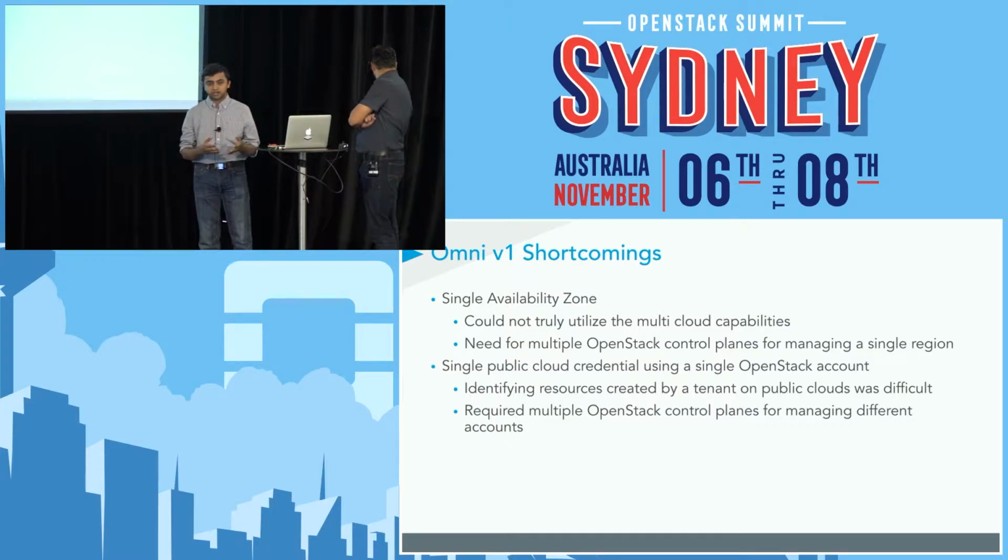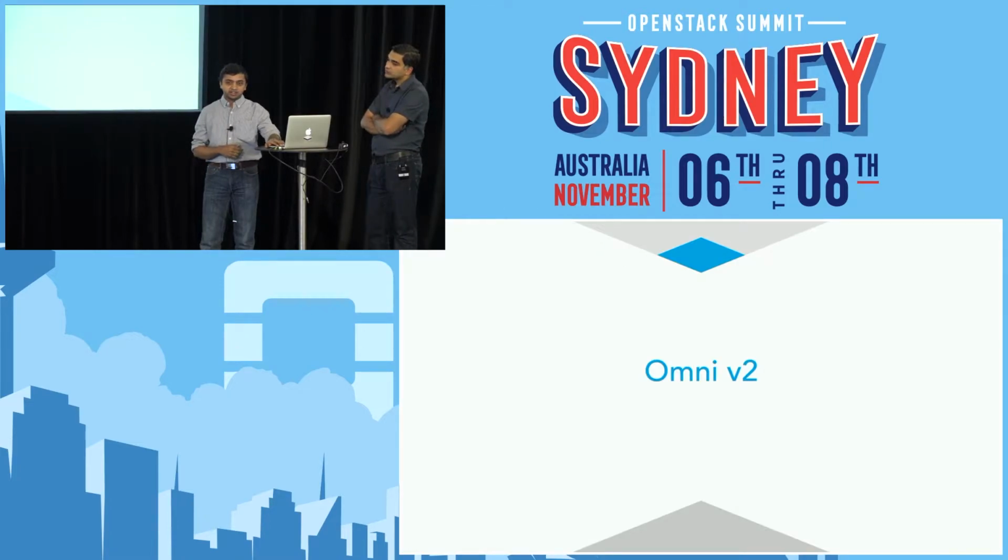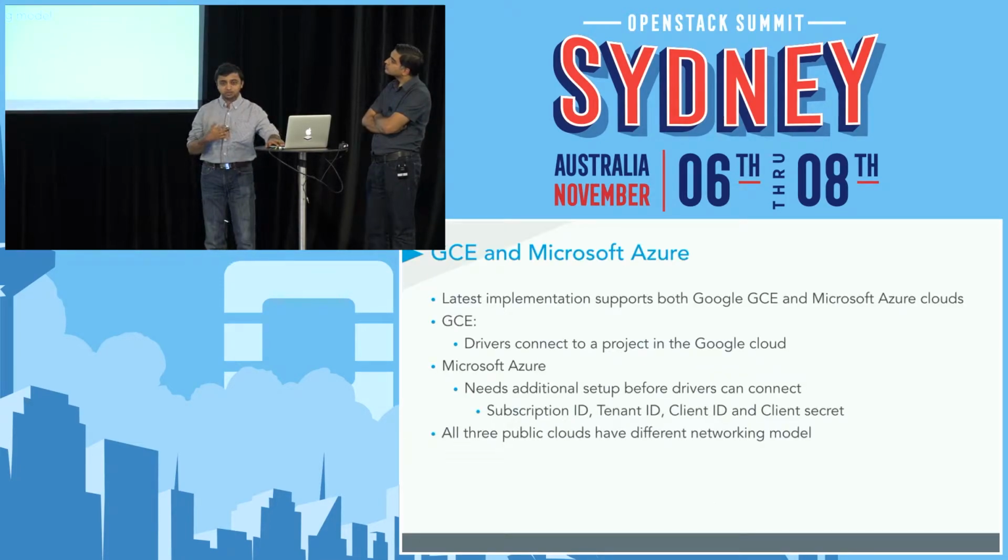Even at Platform 9, where we have internally 3 different AWS accounts, one for prod, one for dev, one for testing, we had to spin up like 3 different controllers just to get that thing working in our internal cloud deployment. So with that in mind, I would like to go over the new features that we have added since the release.